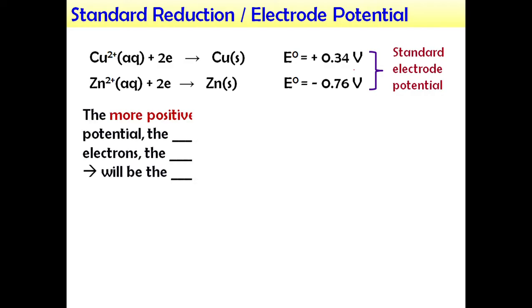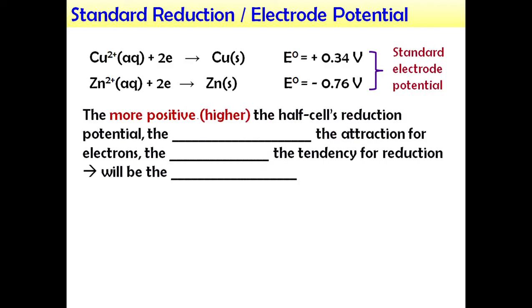Okay, we know that kalau dia lagi positif, lagi kuat tarikan dengan elektron, means makin senang accept elektron. Higher tendency to undergo reduction. Kalau lagi positif, lagi senang undergo reduction. Bermaksud dia berada dekat mana? Anode ke cathode? So remember, red cat will be the cathode.